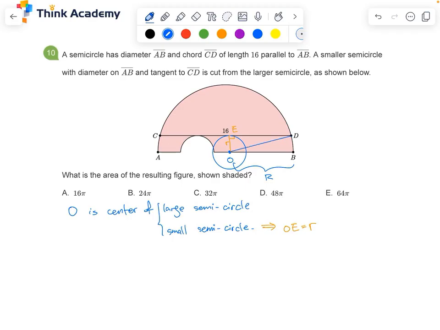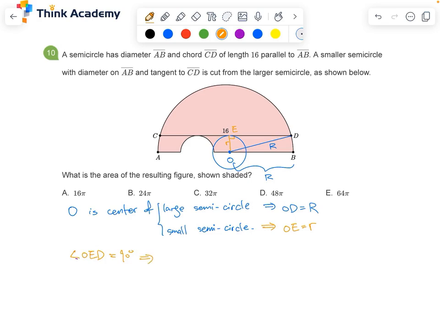OD is also a radius, so OD is also capital R. So then I have OD is capital R and OE is lowercase r. Triangle ODE is a right triangle because angle OED, by the tangent relation, is 90 degrees.